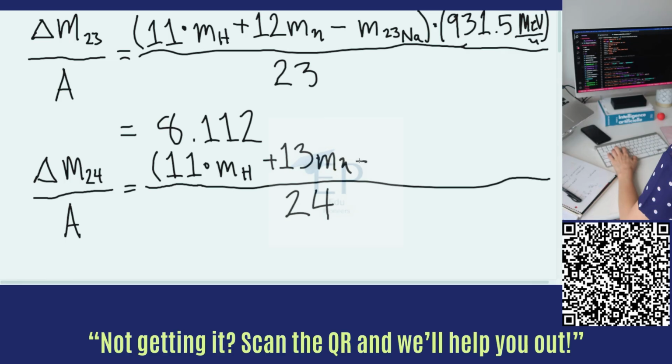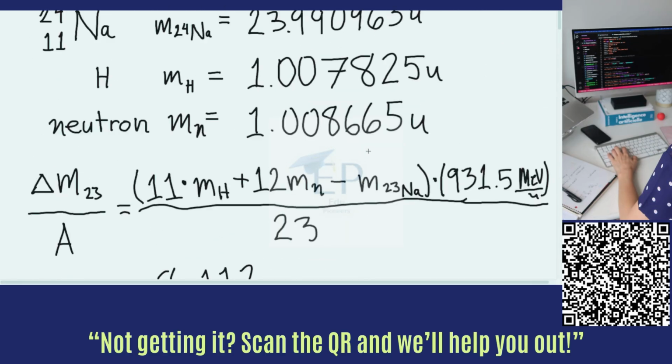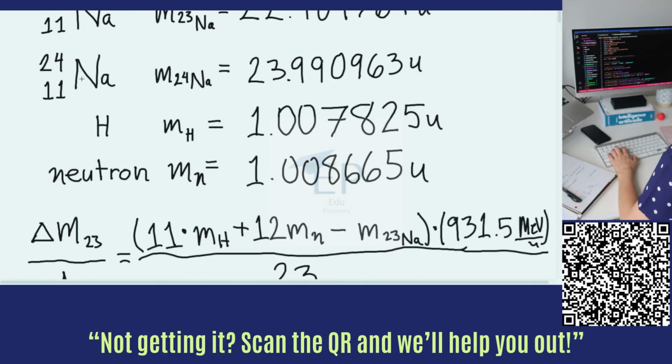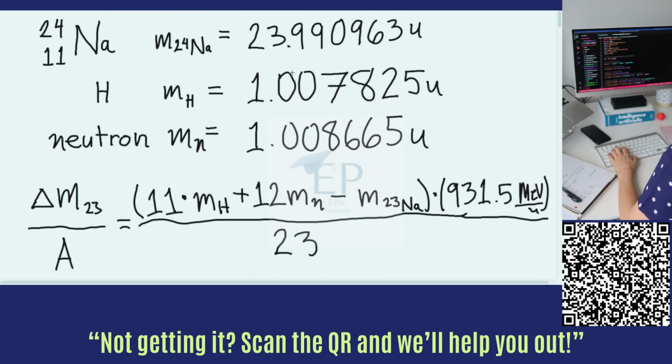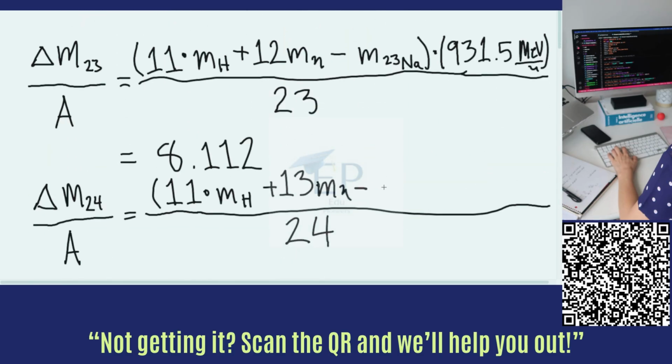And we're going to subtract that now by a different value for the assembled sodium-24 isotope, and that value is 23.9909. So we'll write it symbolically here as the mass of the sodium-24 isotope.